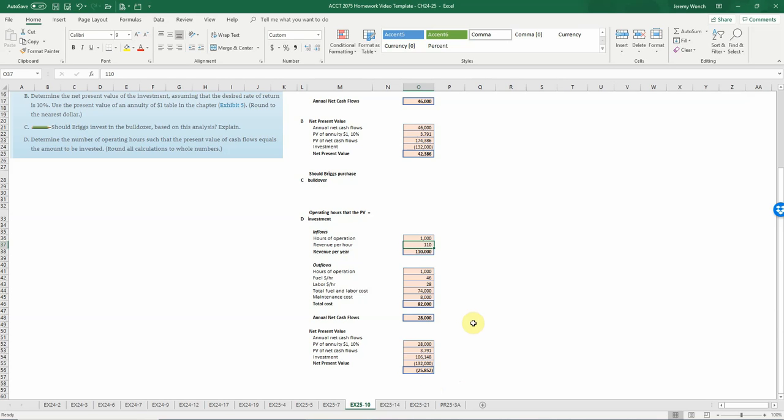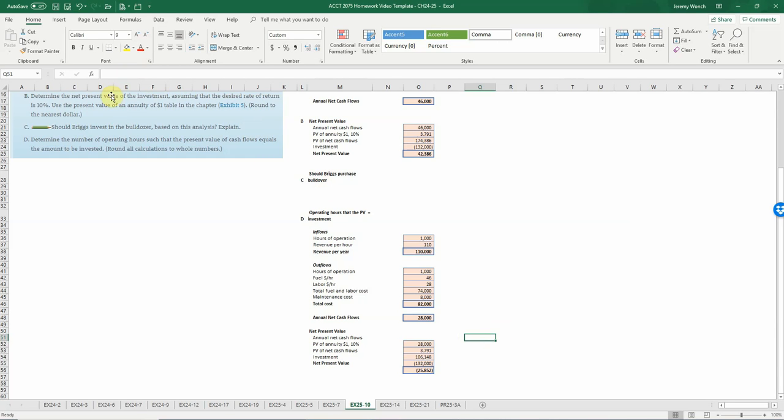We have 3 options to figure out the answer. We can use algebra and plug in and come up with a formula, or we can sit here and guess and keep changing the hours of operations till this number gets to 0, or we can use the goal seek function. I like to do things as easy as possible, so let's go ahead and do the goal seek function.